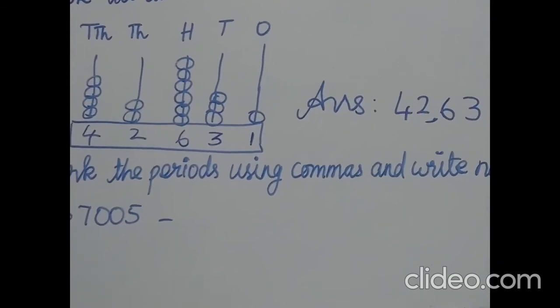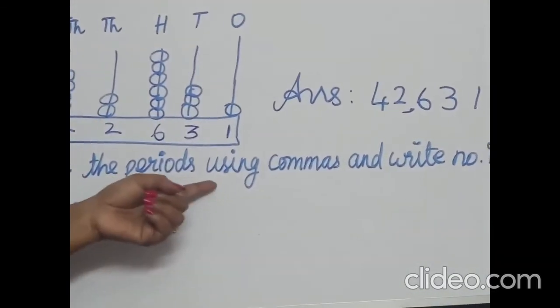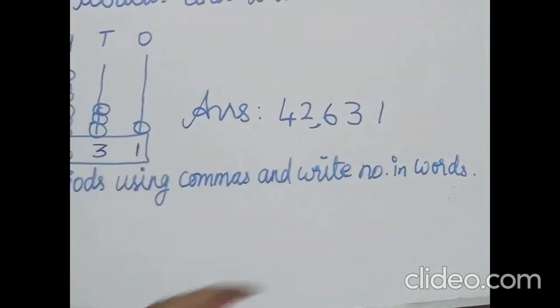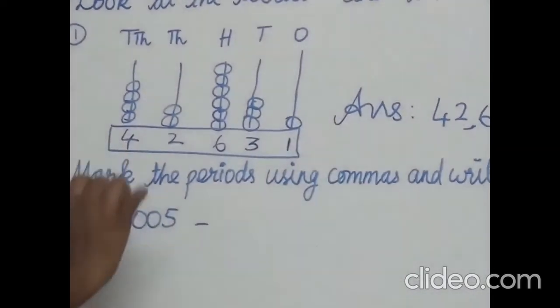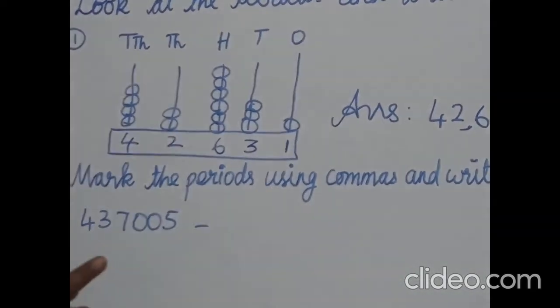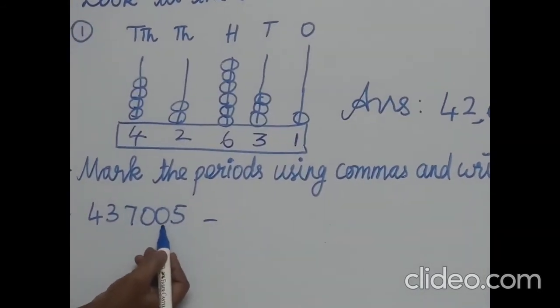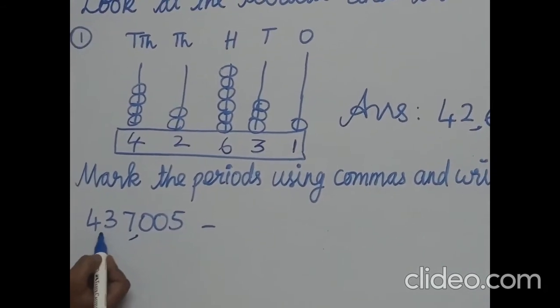Next, coming to the B question. Mark the periods using commas and write the number in words. So they given one number here. We are going to mark the comma first. We know the place value system. Start from the ones place. Ones, tens, 100, comma, 1000, 10,000, comma.